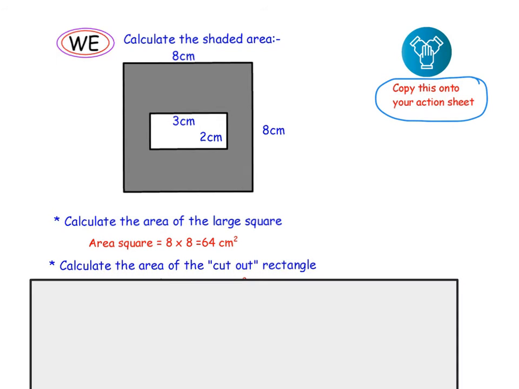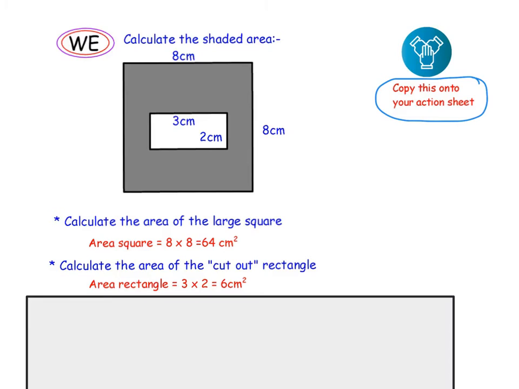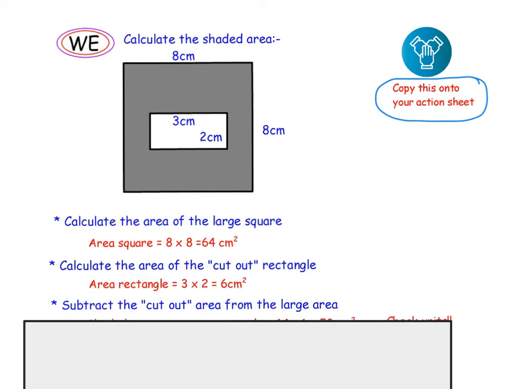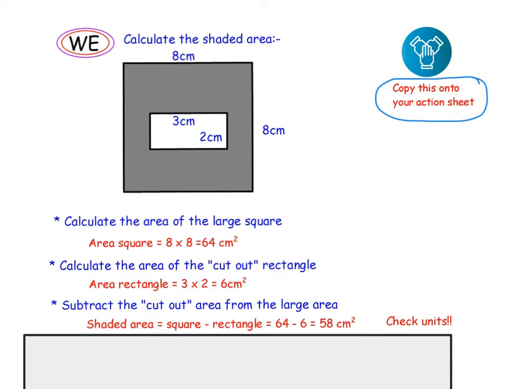Next, I'm going to calculate the area of the cut out rectangle, the white rectangle in the middle. So area of that rectangle is 3 centimeters times 2 centimeters, giving us 6 centimeters squared. Now that I've found both areas, I can subtract the cutout area from the large area. So we're going to do square take away the rectangle.